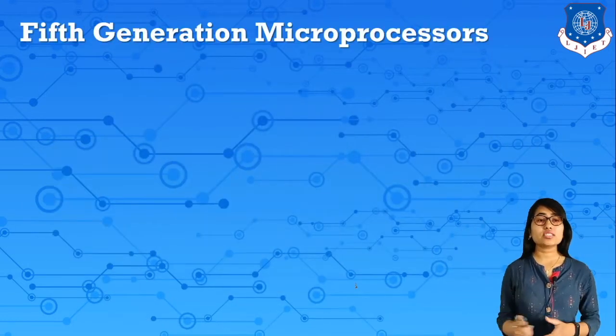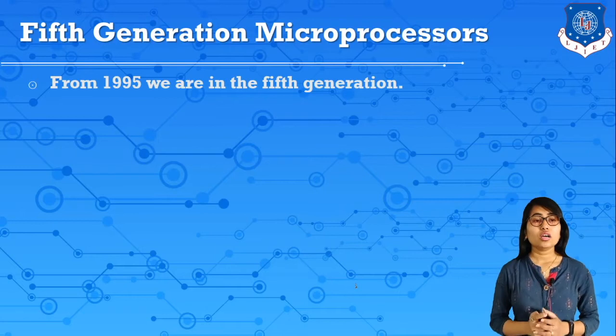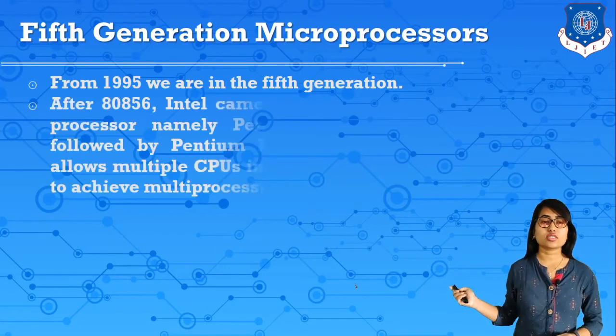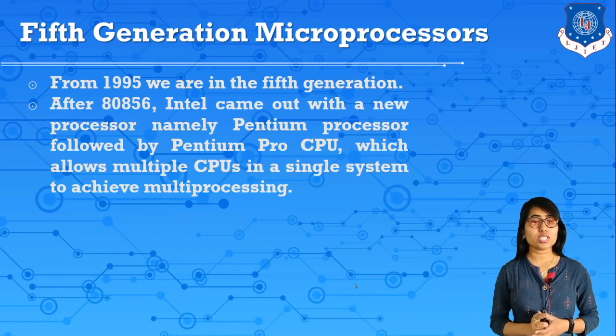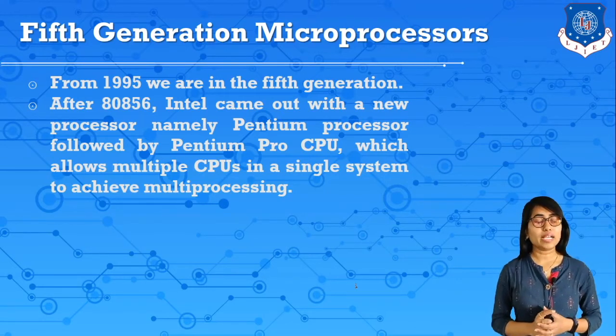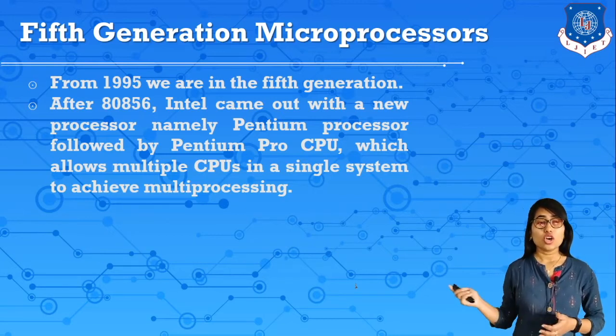Next there is the fifth generation microprocessor. From 1995 we are in the fifth generation. After the 80486, Intel came out with a new processor, namely the Pentium processor, followed by the Pentium Pro CPU, which allows multiple CPUs in a single system to achieve multiprocessing.